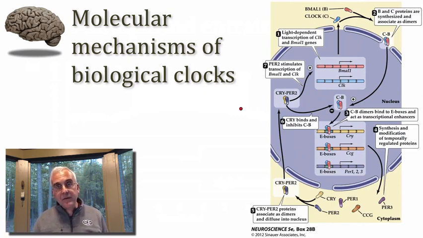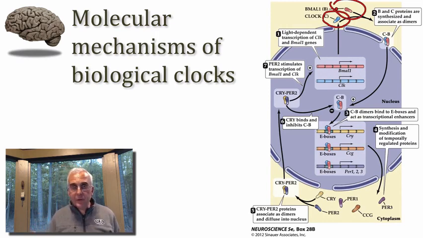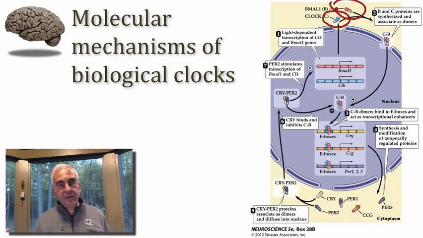And with light activation being conveyed to these cells, they turn on a set of genes. Among the gene products that are turned on with light activation are genes that produce these proteins called Clock and BMAL1. So these genes turn on, these proteins are produced in the cytoplasm, and these proteins then associate with one another as dimers. And then they enter the nucleus of the cell.